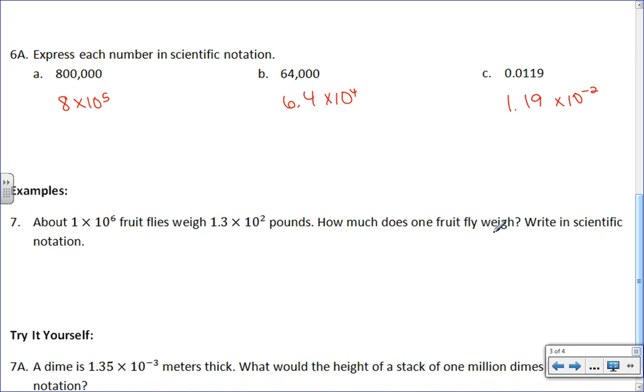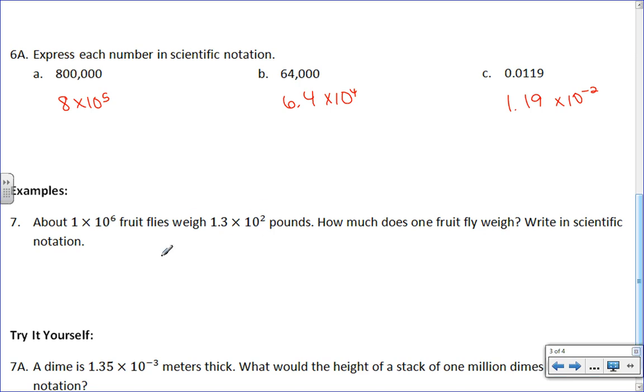Well, if we had these in nice, normal, easy to understand numbers, let's say we knew 5 fruit flies weighed 10 pounds. If I asked you how much one fruit fly weighed, most of you would probably quickly tell me 2, because you divided the 10 pounds by the 5 fruit flies. So we're going to do the same thing here, it's just our numbers don't look quite as nice.